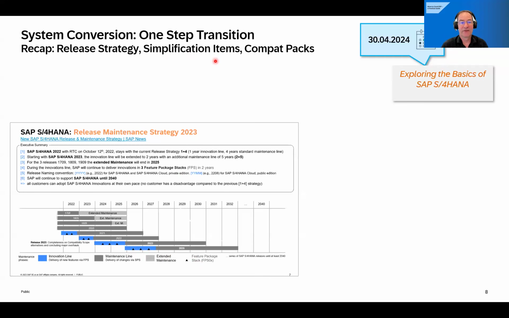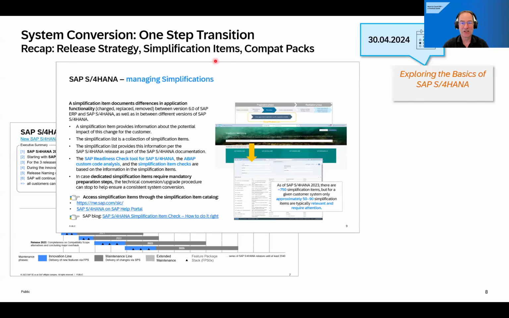Also mentioned in this session was the topic of simplification items. S/4HANA is different compared to SAP ERP, and the things that are different are described in what we call simplification items. There's a long list that you can browse either in a PDF or as a browser-based catalog, as you see here. All those items describe what is changed. There is some functionality that is no longer available. If in the ERP world we have different solutions for the same topic, this is now put into one strategic direction.